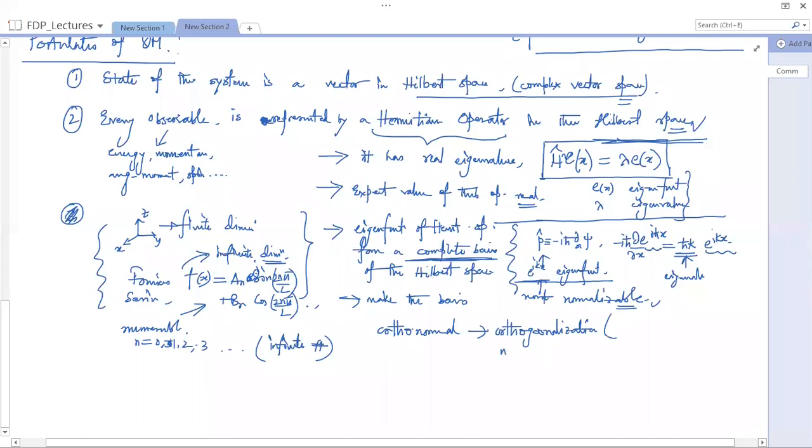One orthogonalization method is Gram-Schmidt orthogonalization, which you have probably heard of for finite dimensional vector spaces, and for infinite dimensional vector spaces a similar process exists. You have to keep on doing it. So now the measurement postulate.